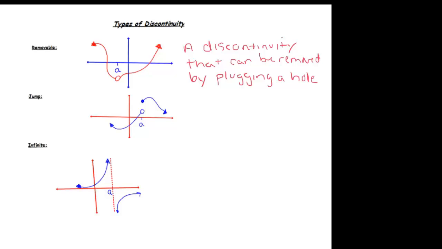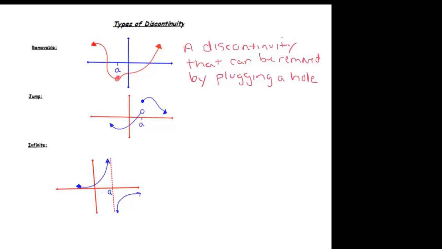So for instance, we can see that the graph is discontinuous here at A, but it's fixable, right? If we just took our pen and filled that in, we wouldn't have to really change the function a whole lot to get a continuous graph. All we'd have to do is fill in that one point. So that's why it's called a removable discontinuity. We're removing the problem by plugging in that hole.